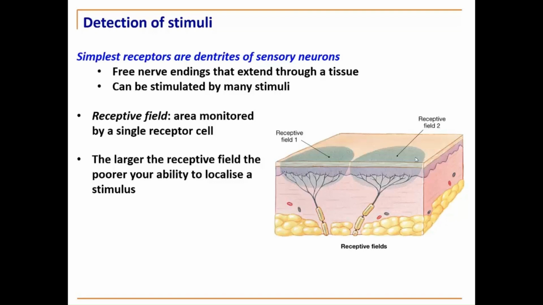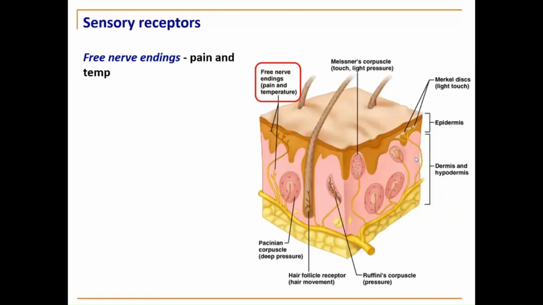So you can only describe a light touch as affecting a general area. The area on your back, for example, has a very large receptive field for some of these receptors. Whereas in contrast, the tongue and the fingertips have receptive areas of less than a millimeter, so you can be very precise about the location.